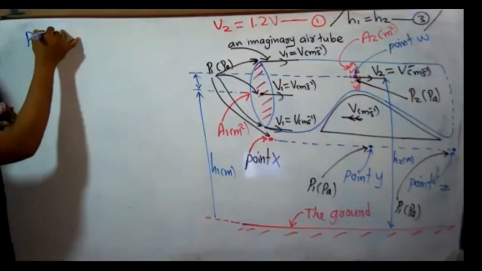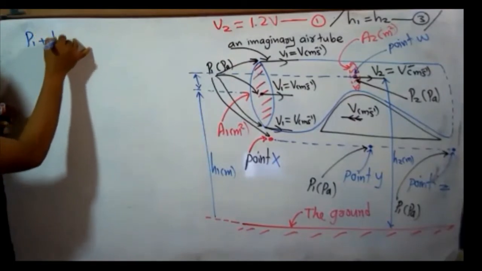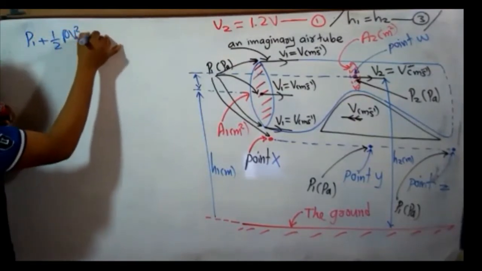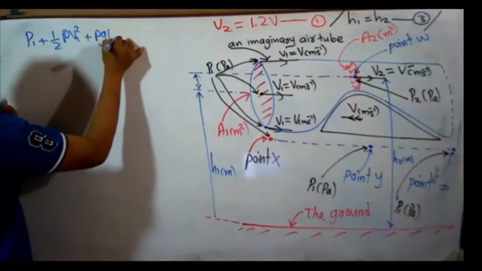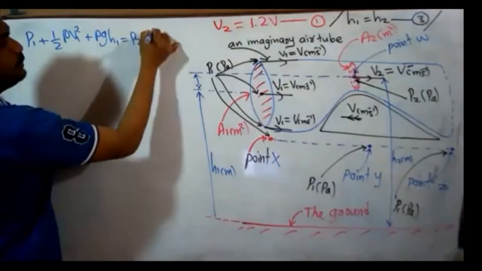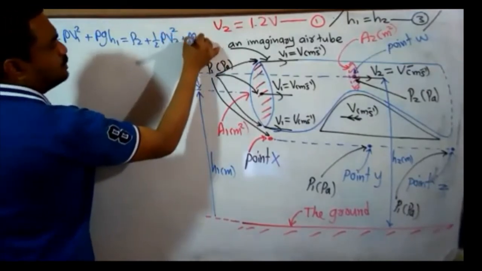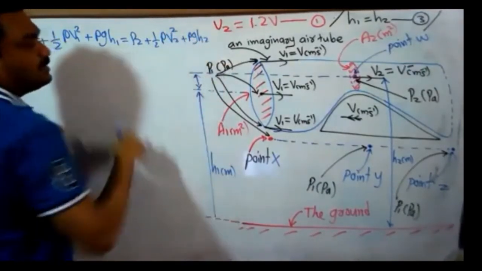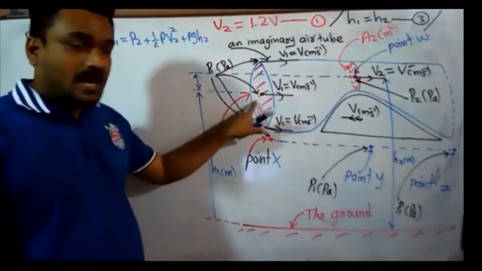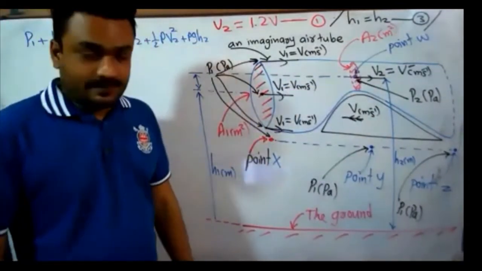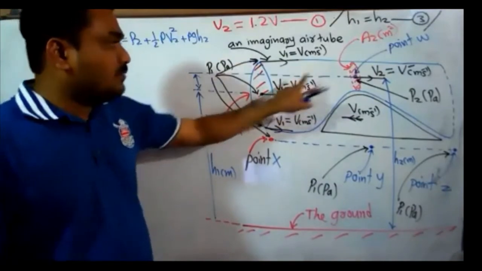Bernoulli's equation: P1 plus half rho V1 square plus rho gH1 equals P2 plus half rho V2 square plus rho gH2. So pressure here is P1, pressure here is P2, no problem. Velocity here V1, velocity here V2.